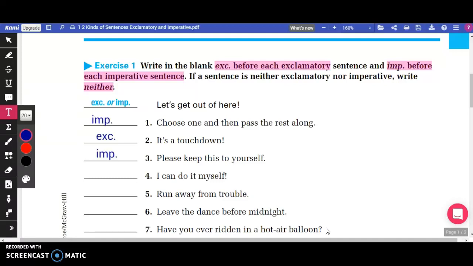Questions interrogate, so it is an interrogative sentence. So if it is neither exclamatory nor imperative, we'd write neither. So on this line for number 7, we write neither. So I would like you to try the remaining 36 questions on your own. If you have questions, please let me know. Otherwise, good luck.